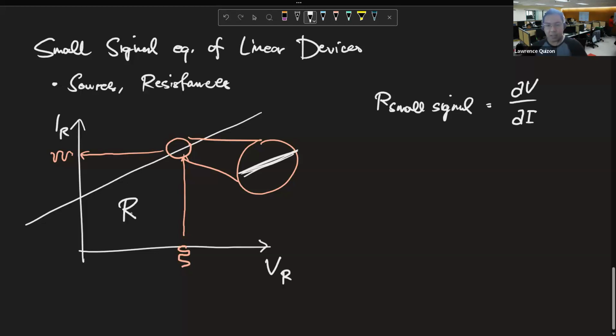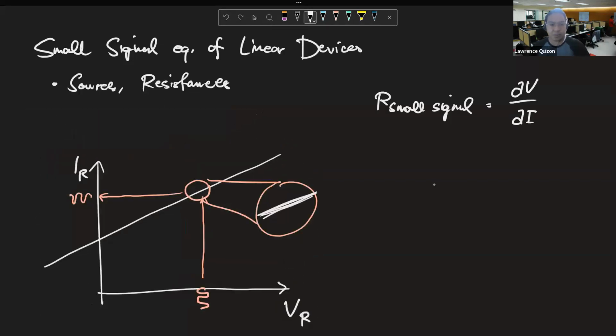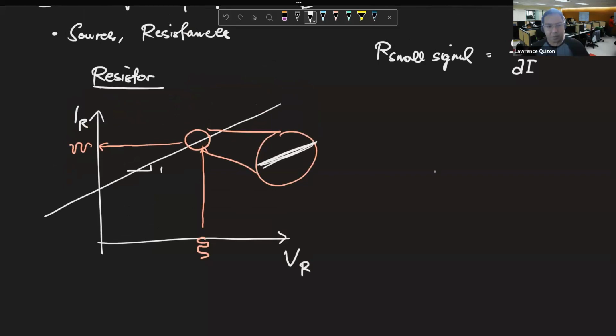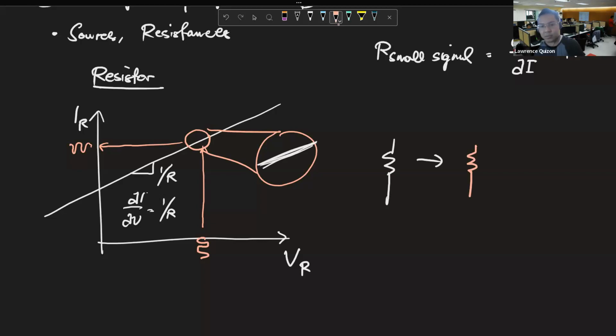So this is IR versus VR. For the resistor, the slope is 1 over R. And so if we take the derivative at any point, we get 1 over R. dI over dV is equal to 1 over R, meaning that dV over dI is R. So in small signal, a resistor is just a resistor of the same value. So resistors remain resistors in small signal is what we want to say.